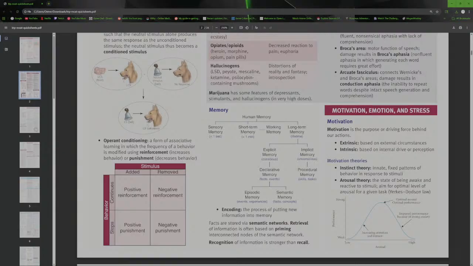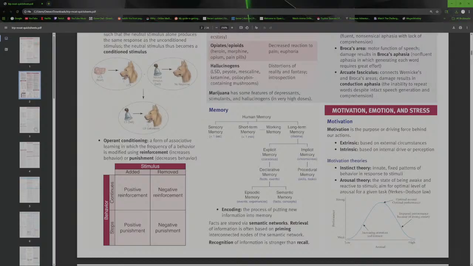And then there's operant conditioning, which focuses on rewards and punishments, and then reinforcement and punishments. So when it says positive or negative, that's not meaning it's a good thing or a bad thing, but rather that you're adding something or removing something.